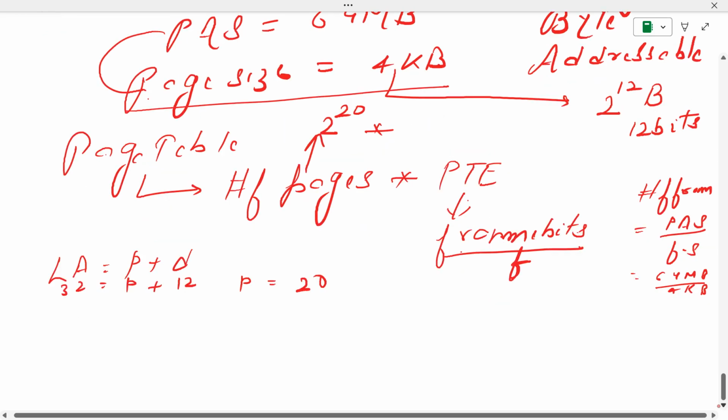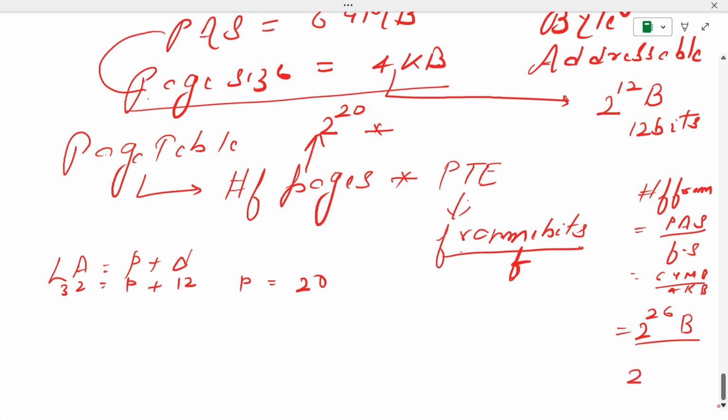So it is 2 raised to the power 6 and 2 raised to the power 20 bytes upon 2 raised to the power 10 into 2 raised to the power 2, so 12 bytes, and it is equal to 2 raised to the power 14. So the number of frames would be 2 raised to the power 14 and frame bits will be 14 bits.